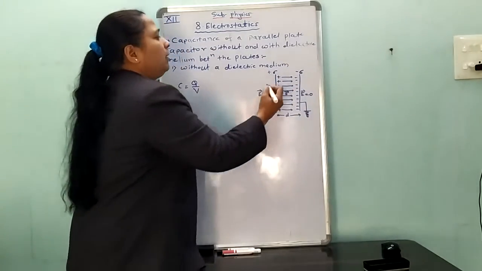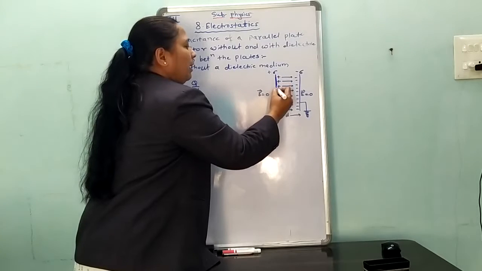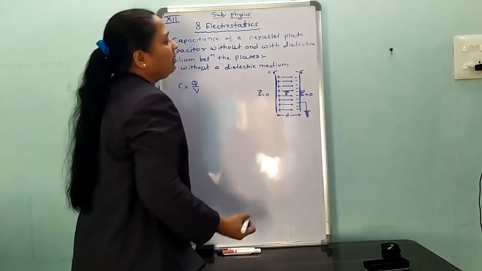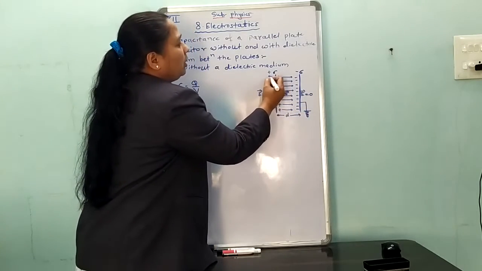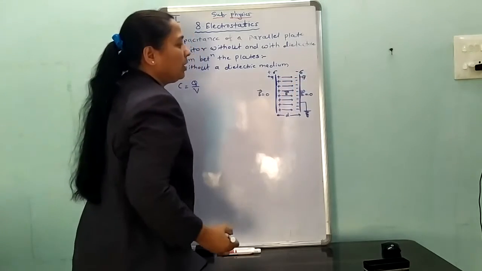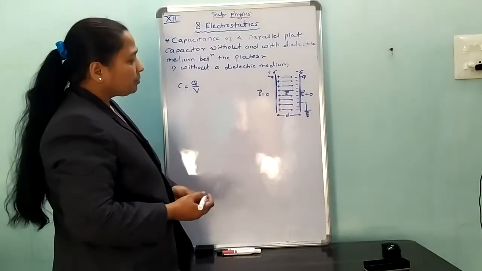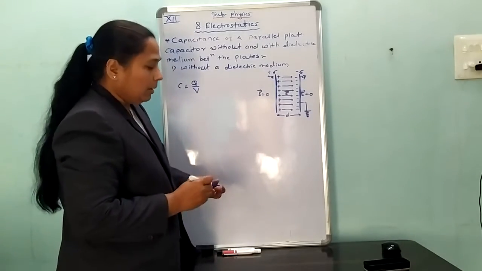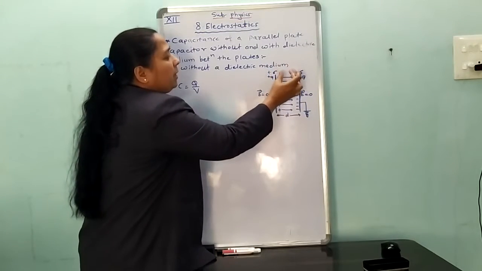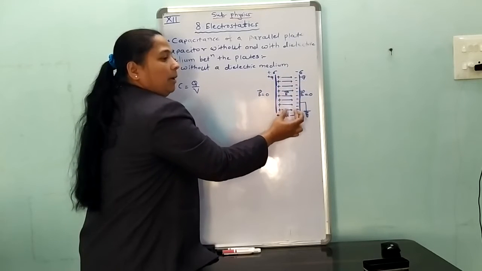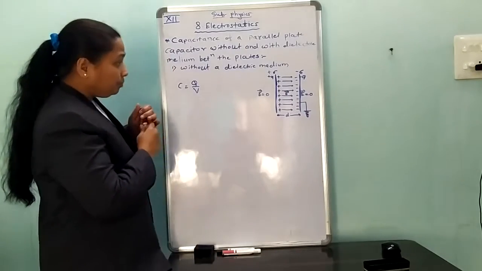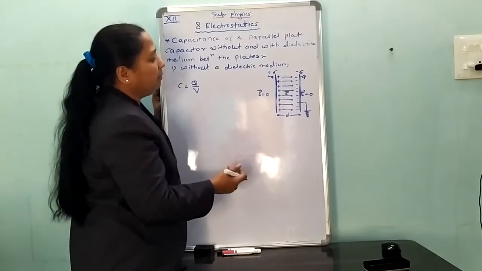Consider two conducting parallel plates. One plate has a charge plus Q and the other plate has a charge minus Q accumulated on it. Between the parallel plates, the gap contains an air medium, that is, without a dielectric medium.